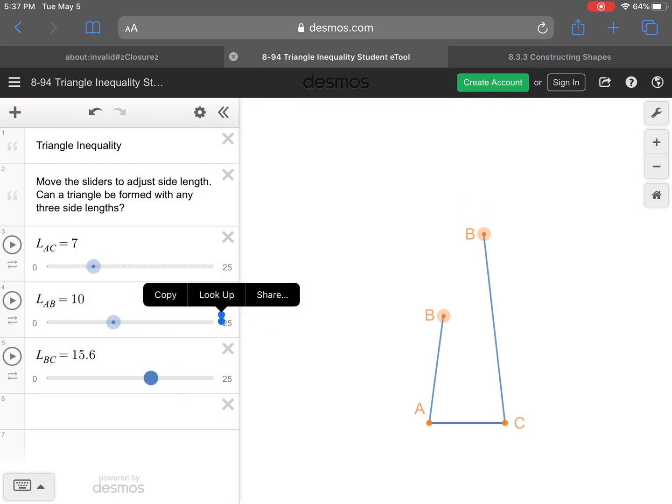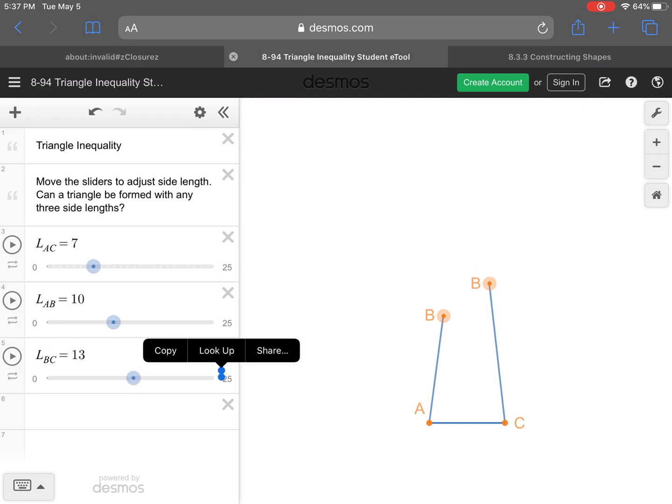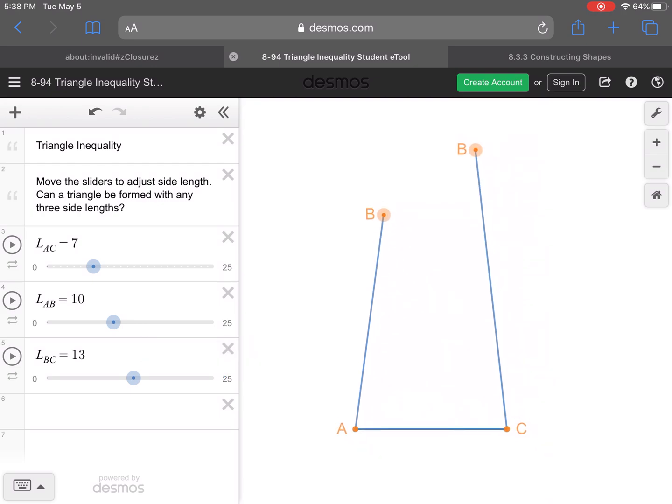All right, 7, 10, and then 13 was the third side. All right, so now we have side lengths 7, 10, and 13. I can probably zoom in a little bit on this.